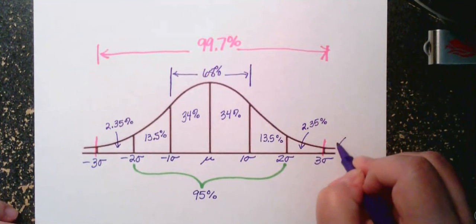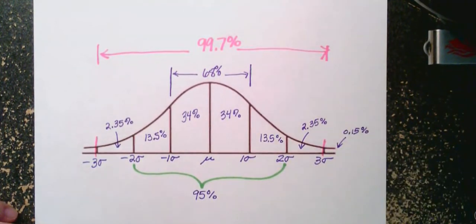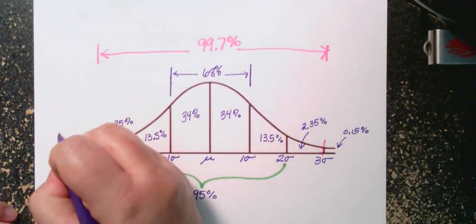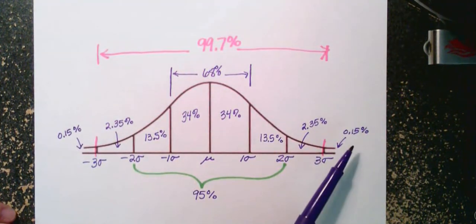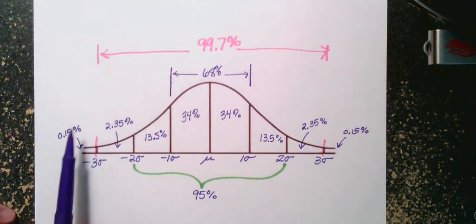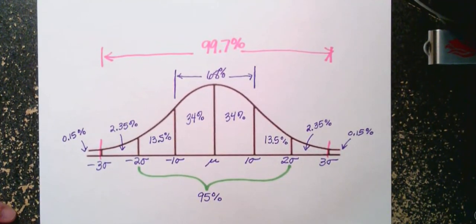And then finally, 0.15% of your data is bigger than that, and another 0.15% of your data is smaller than that. So that's less than 1%. Together that's 0.3%, so significantly less than 1%. So whenever I'm told I have a normal distribution, these are the numbers I get to use.